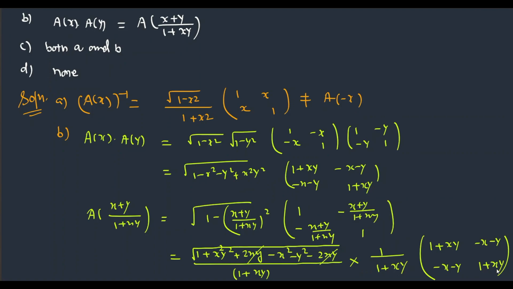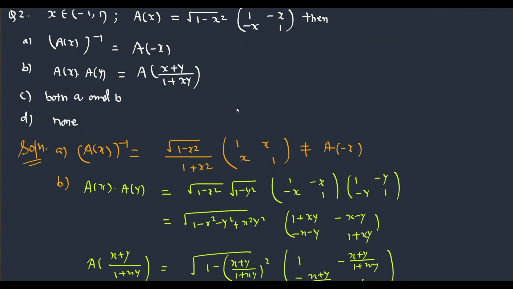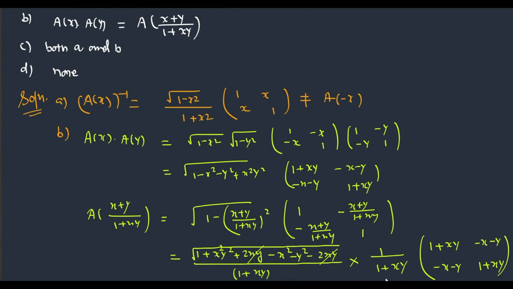Now what we observe, that in case of A(x) we have root over 1 minus x square, in case of y here we have an extra factor, 1 by 1 plus xy. These two do not cancel out, this 1 plus xy, 1 plus xy.